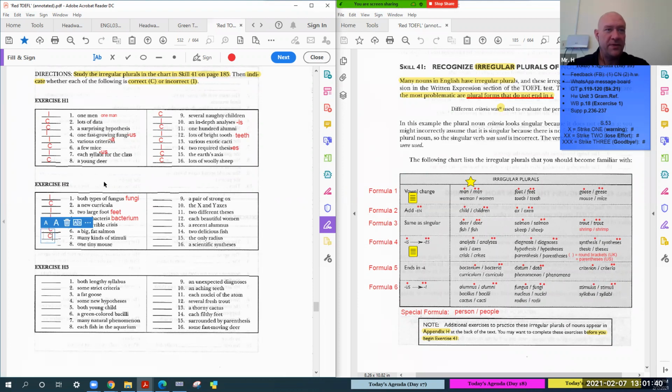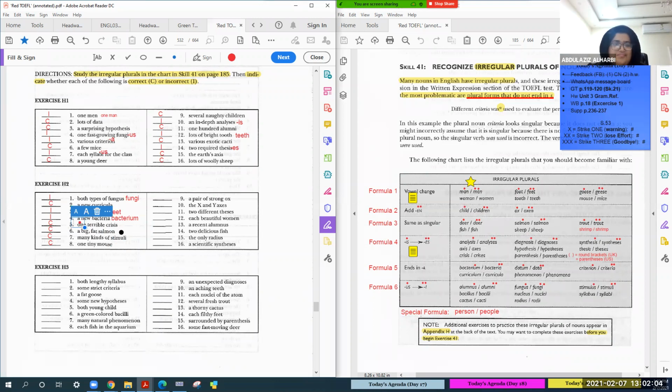And what about the last one, Abdul Majid? One tiny mouse. Correct, I think. So all of these are correct here, from 5, 6, 7, 8, right? Crisis, singular. How do we know it's singular? One. Appendix.